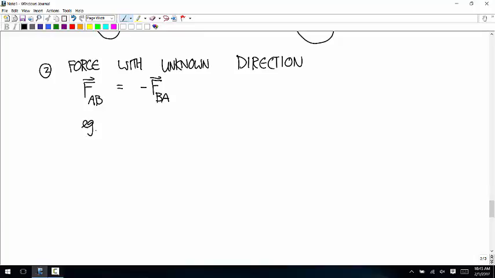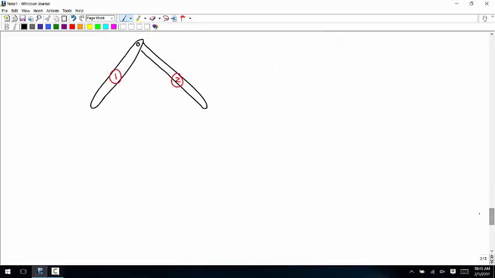So for example, if you have two bodies connected by a joint, I'll call this body 1 and this body 2. Then a free body diagram of body 1 looks like this.